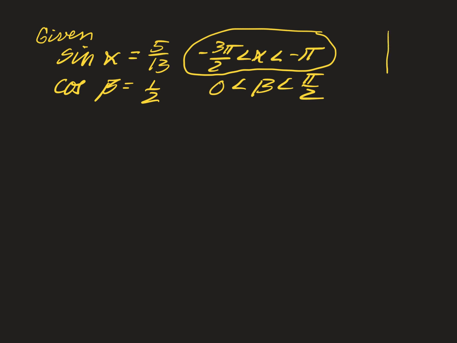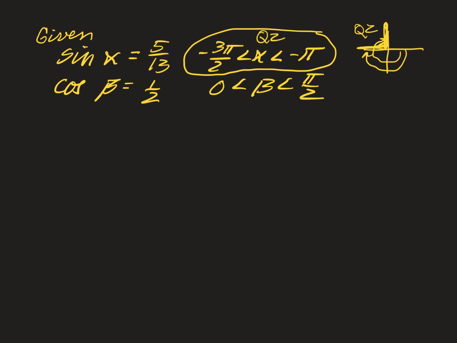So what does that mean? Well, if you go to negative 3 pi over 2 and then to negative pi, that means the angle is in quadrant 2. So this means quadrant 2.